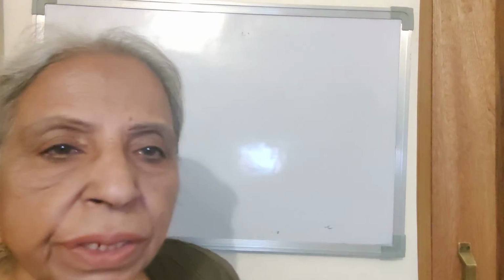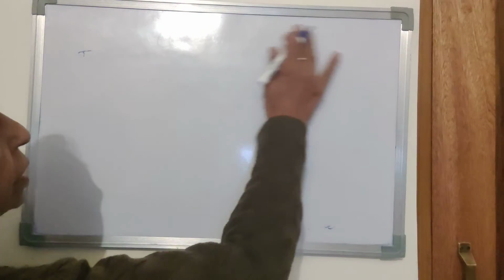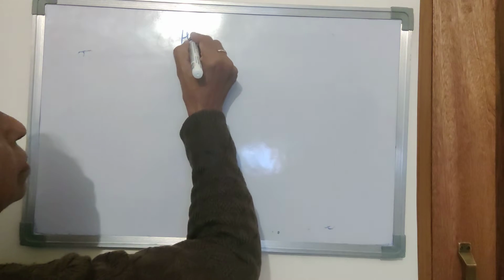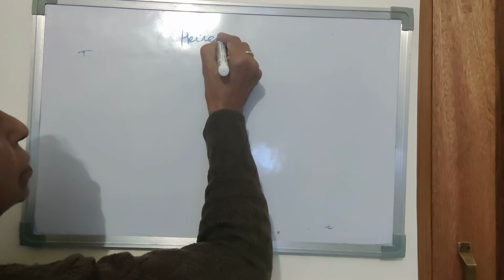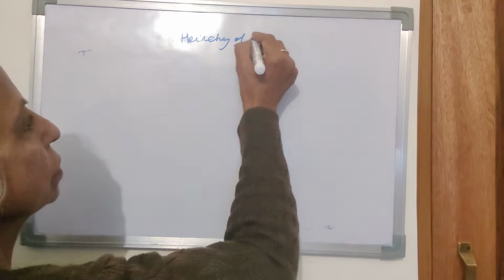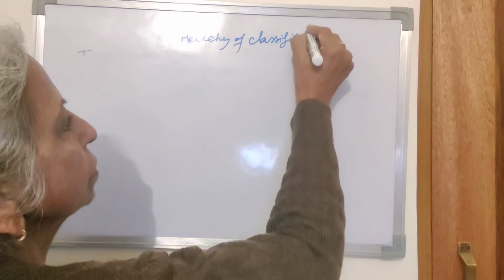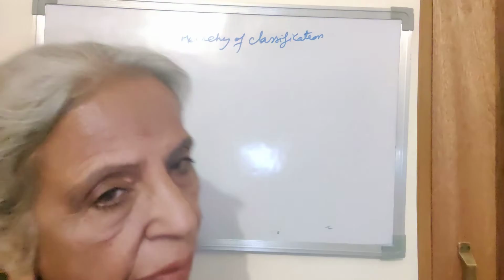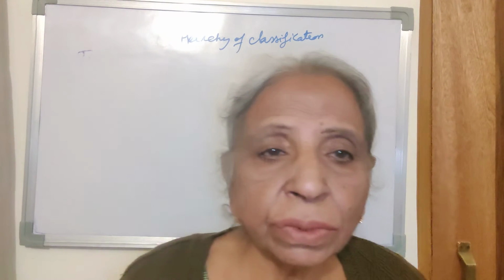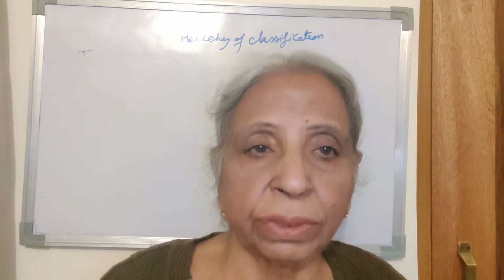Today we are doing class hierarchy of classification. There are millions of organisms all around us.